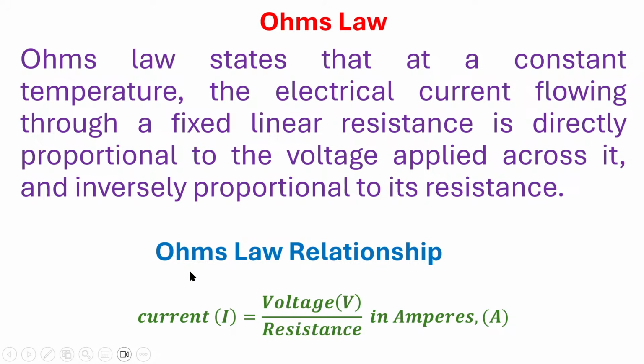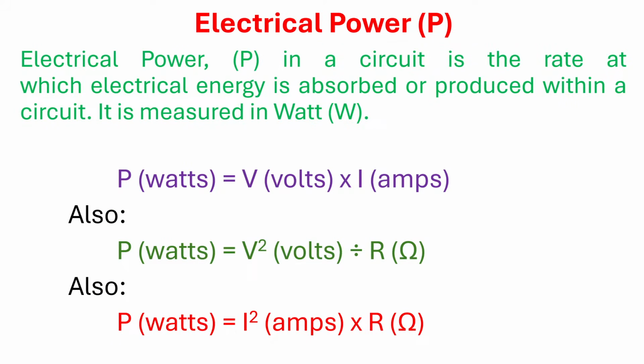So this is Ohm's law: current I is equal to voltage over resistance, I = V/R, and again the unit is amps. Electrical power, usually referred to as P, in a circuit is the rate at which electric energy is absorbed or produced within a circuit and is measured in watts. So power P is equal to voltage times current, P = V × I.